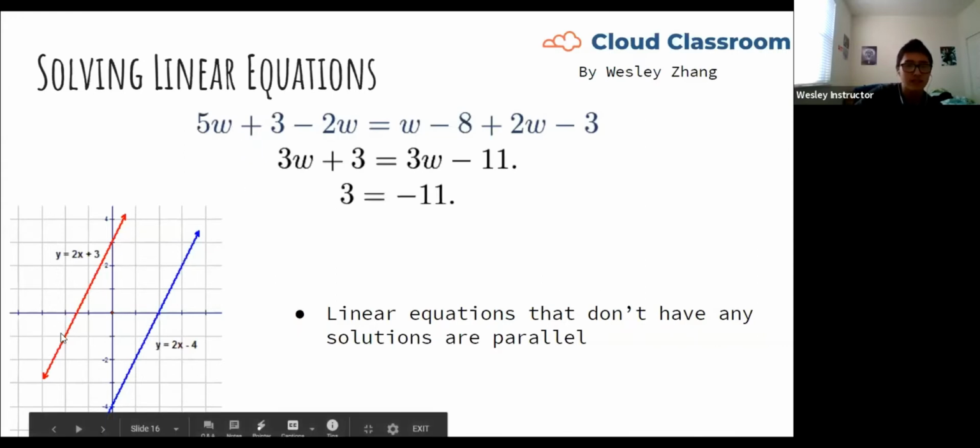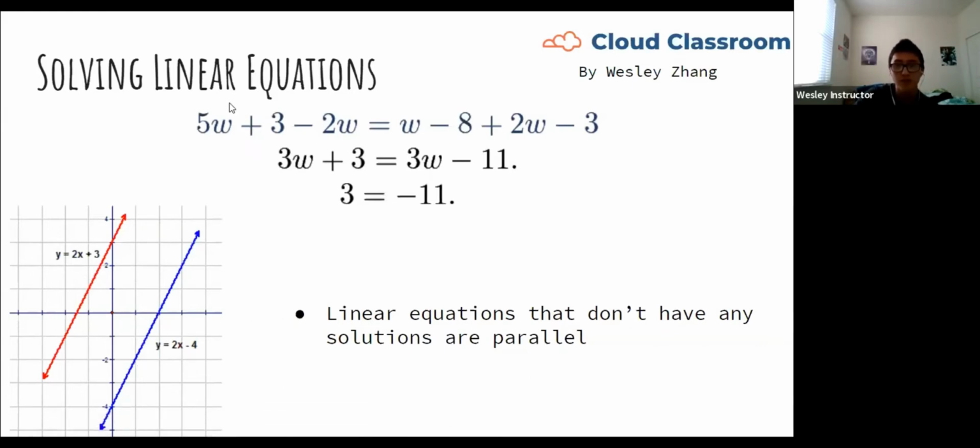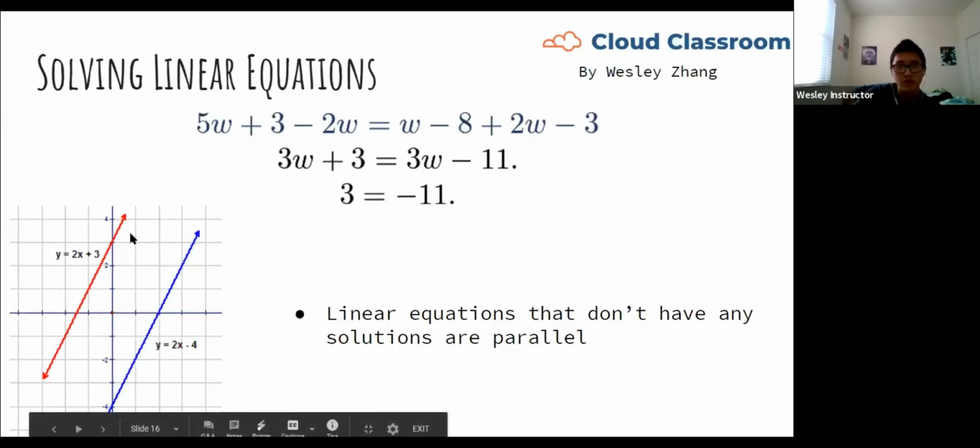You can see this on a graph here on the bottom left. So here is the graph you will be working with pretty much your entire middle school and high school career. These aren't the same equations, but you can see why they don't have any solutions. They're parallel lines.